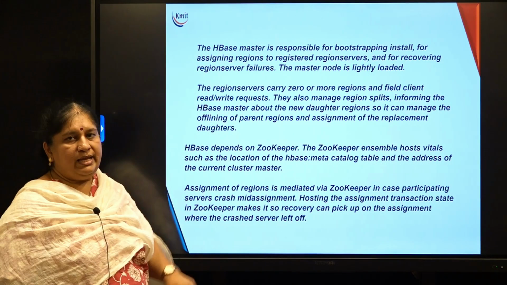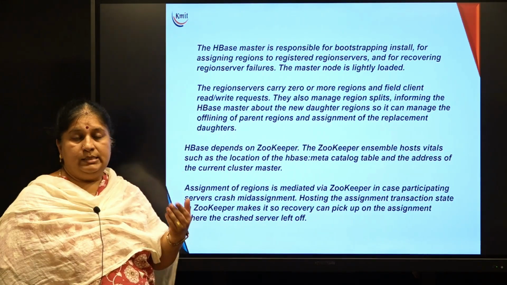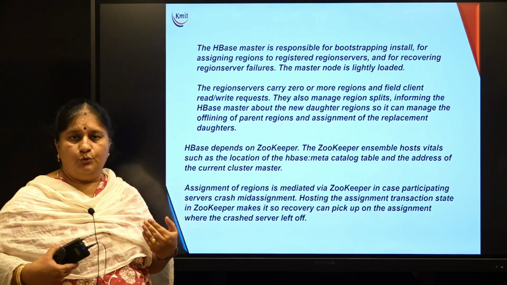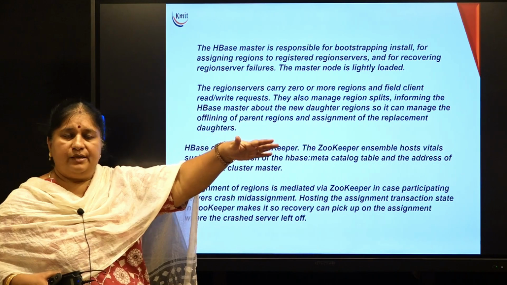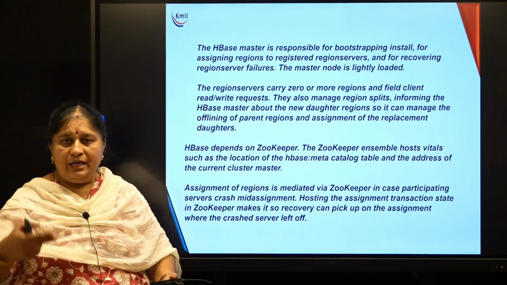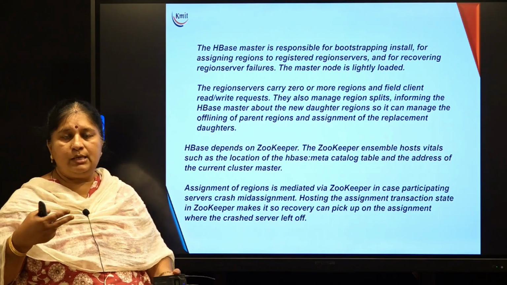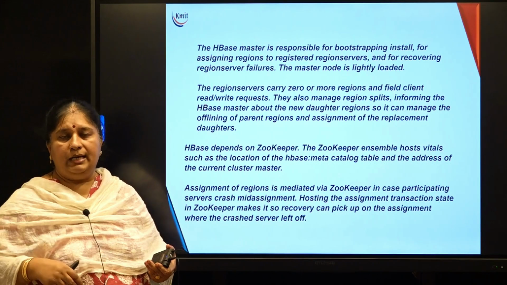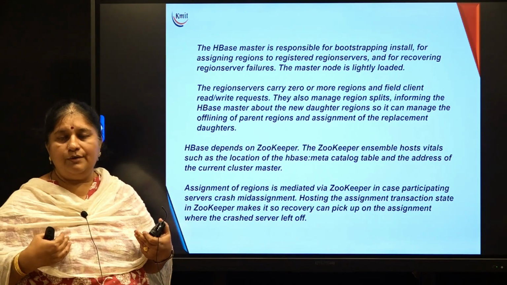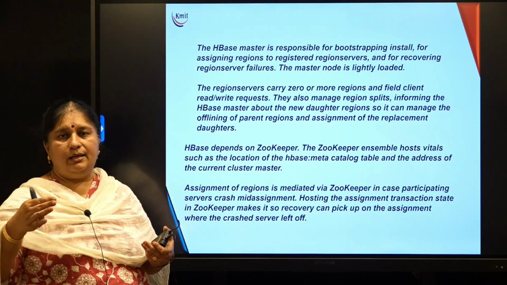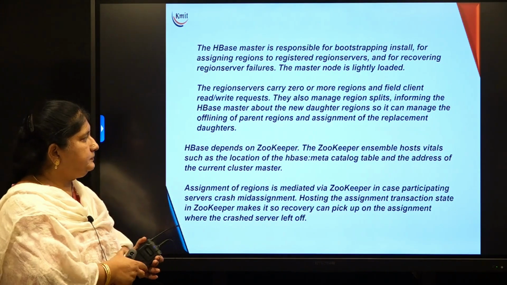They are also taking care of region splitting. Suppose I have 50 records in the region which I am holding. Some other region server has 25 rows. Now, because of updates and insertions, the data at my region server has gone to some 80 rows. What should I do? I can hold only 50 rows. So the region server will take care of splitting these 80 rows into two regions.